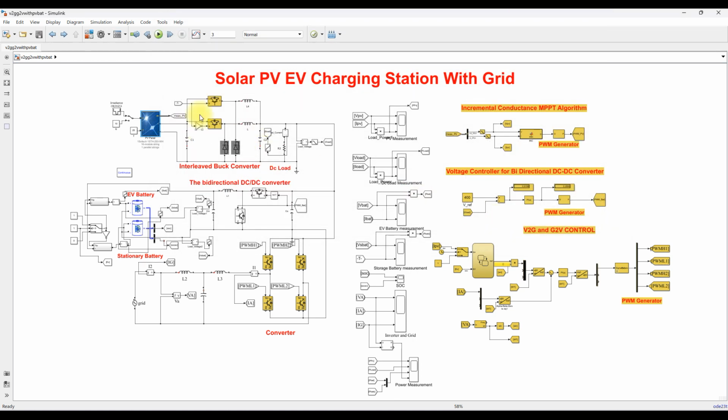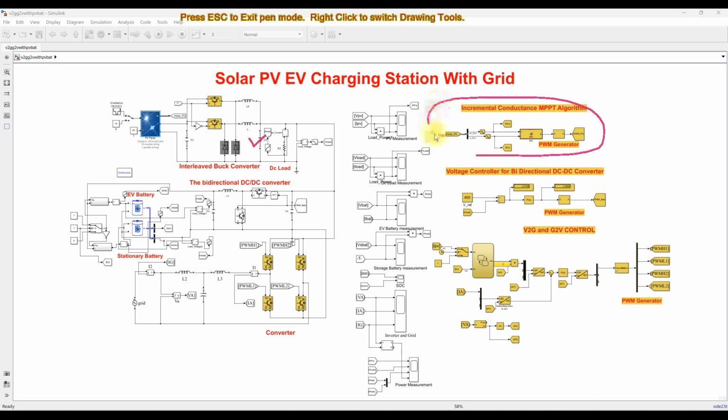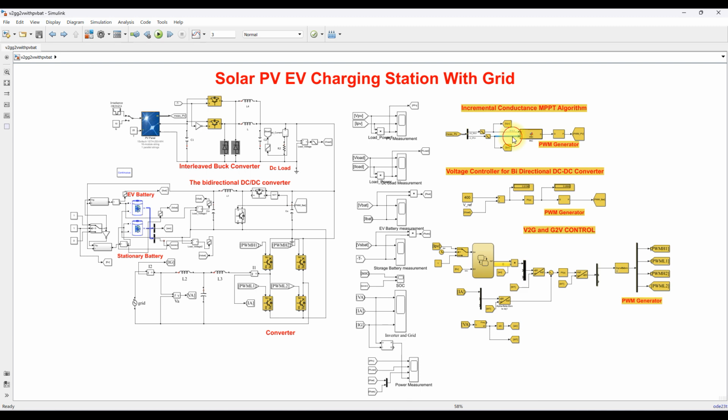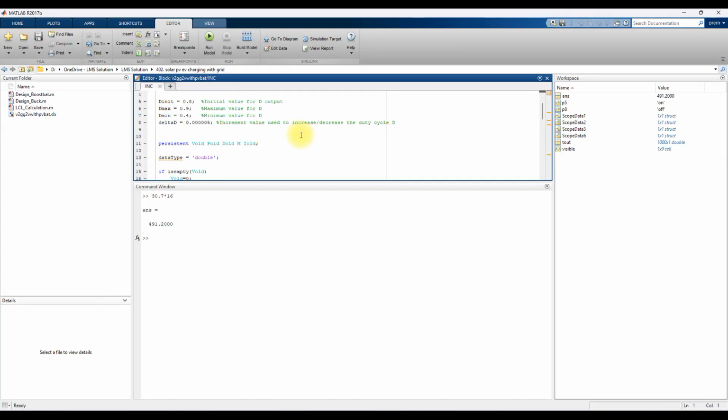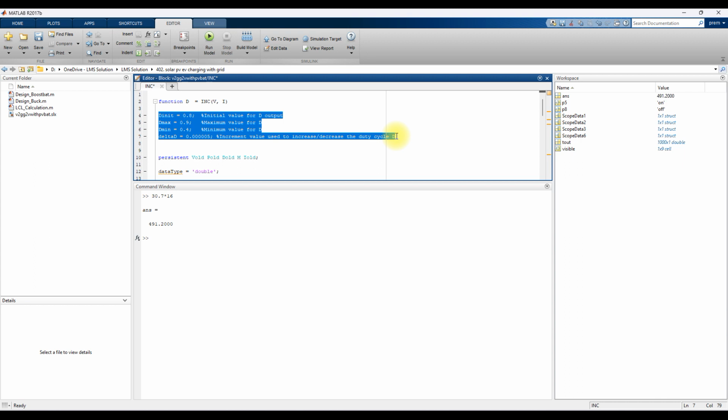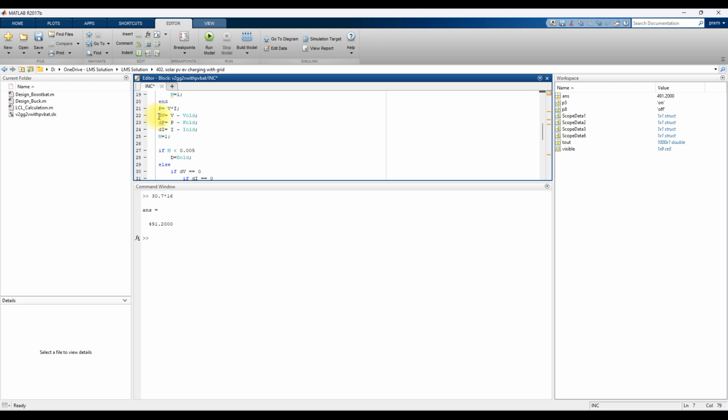In order to extract the power from the PV, this interleaved buck converter is controlled by means of the incremental conductance MPPT. It receives two inputs, PV voltage and current. Based upon that, we have to initialize parameters: initial duty cycle, maximum duty cycle and minimum duty cycle, and then calculate the change in voltage, change in power and change in current.